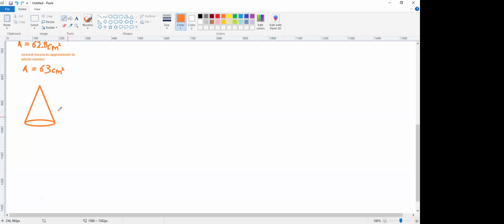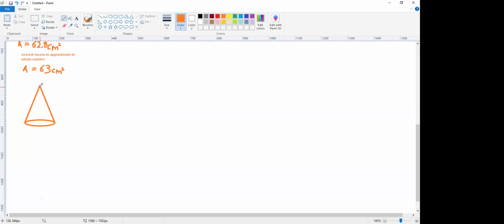Now, a cone, remember, is like a triangle. I want you to think carefully. In your mind, imagine that I use a knife to cut this cone into two equal parts. What will you see? Look at where I'm cutting it.